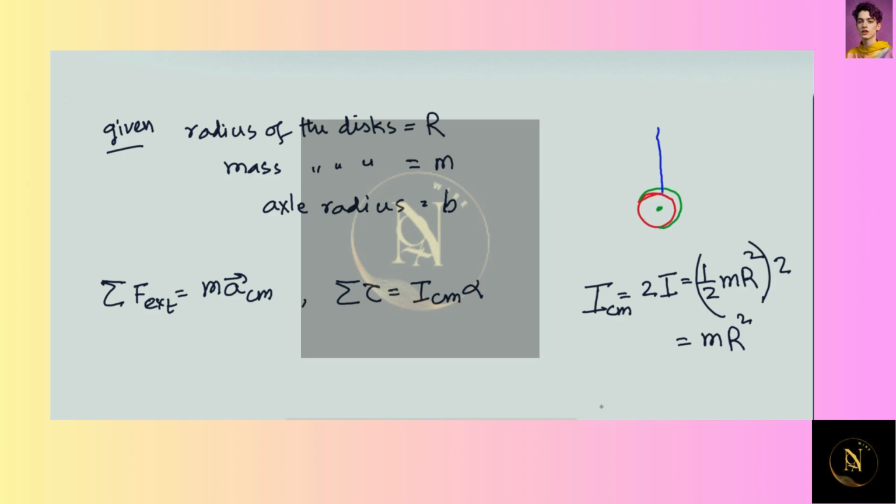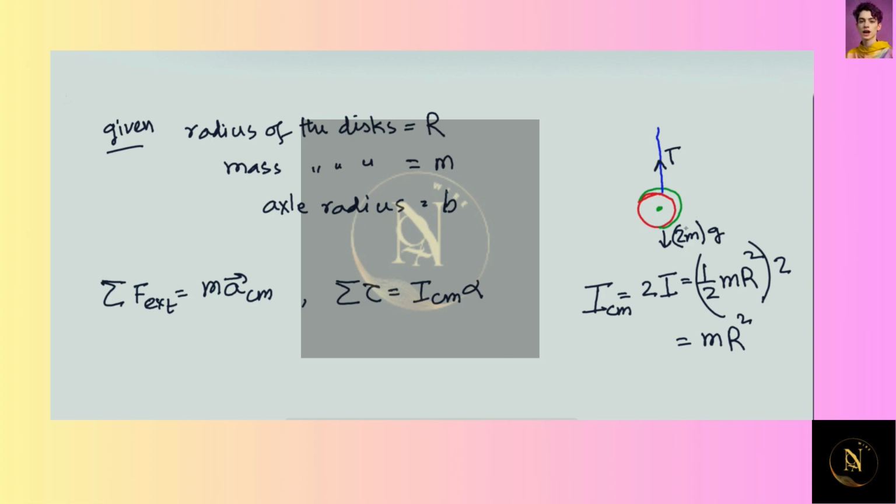For the tension, say it's acting this way and we call it T, and the whole system is going downwards. The downward force is twice m times g, and the reason we have 2 here is that we have two disks with mass m each.